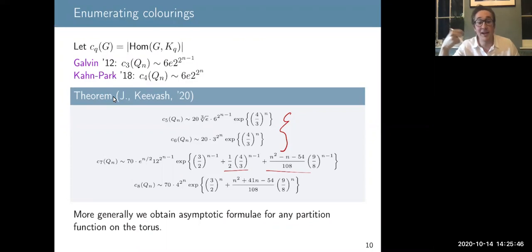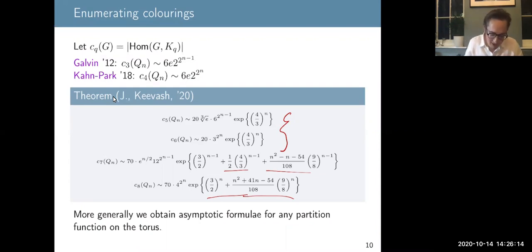And so in a sense, we can show that if you want an asymptotic formula for C_Q, the number of Q colorings of Q_M, you really need to know all the cumulants up to roughly the Qth cumulant. So the number of terms is going to grow larger and larger, and you're going to need to understand the distribution of defects at higher and higher resolution if you want to get asymptotic formulae.